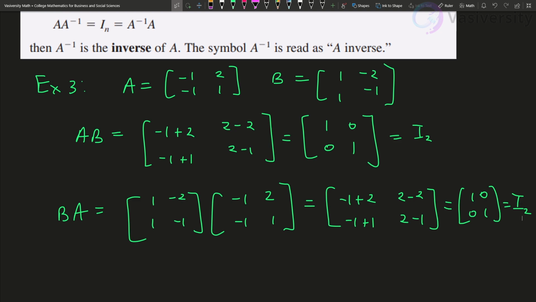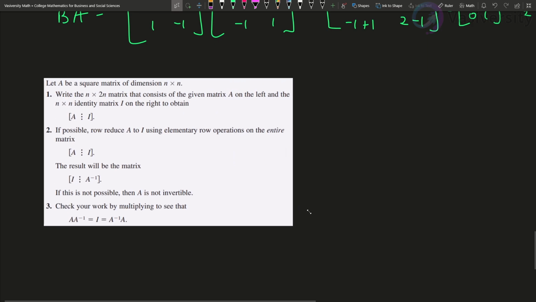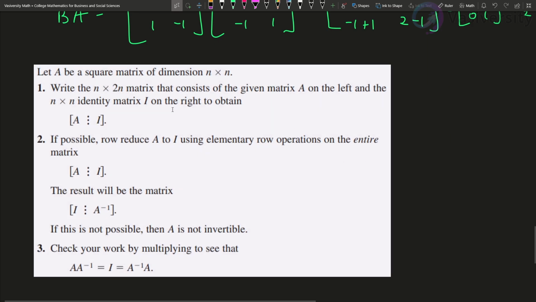But how do we actually find the inverse of a matrix? In order for us to find the inverse of a matrix, we need to follow some steps. We can do it using the identity matrix as a part of our steps. Let A be the n by n matrix, and we write an n by 2n matrix that consists of the given matrix A on the left and the n by n identity matrix on the right. So we want to obtain the inverse.